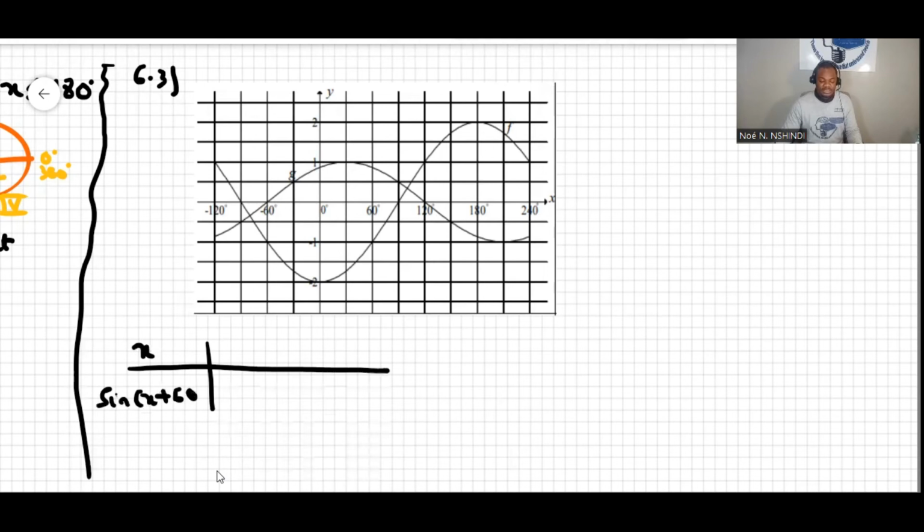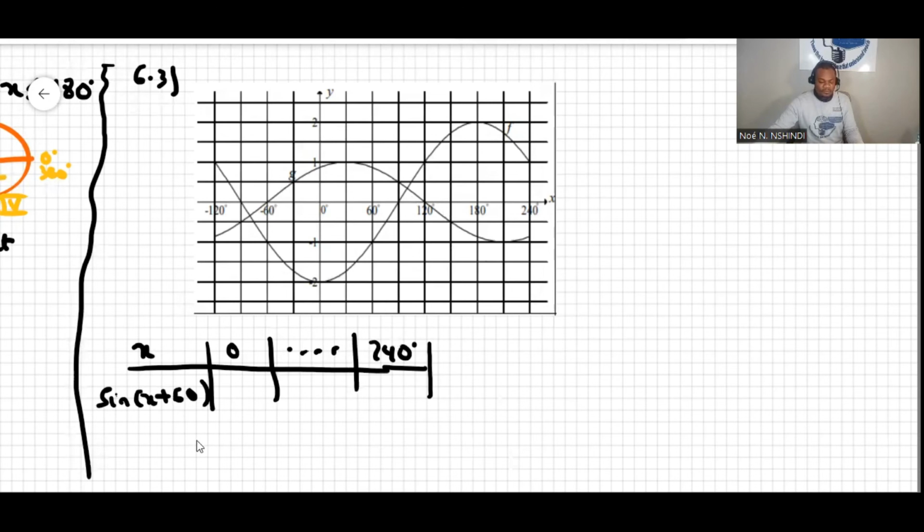Start finding the values: if x is 0, you substitute 0 for x and get sine of 60, and go all the way through to 240 degrees. Or else you can just draw the graph of sine x shifted 60 units to the left. It's going to be something like that.